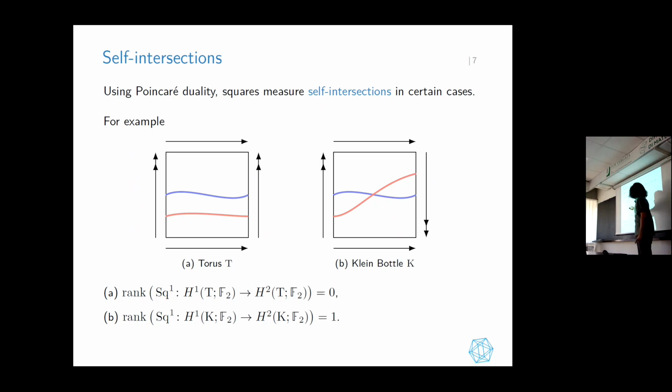You perturb them. Here is a perturbation, but there's no intersection. But if I take a perturbation in the Klein bottle, I'm always going to have an odd number of intersections, and mod 2 that odd number is the one we're capturing. So this is the intuition of what this additional invariant is carrying in this particular geometric setting.